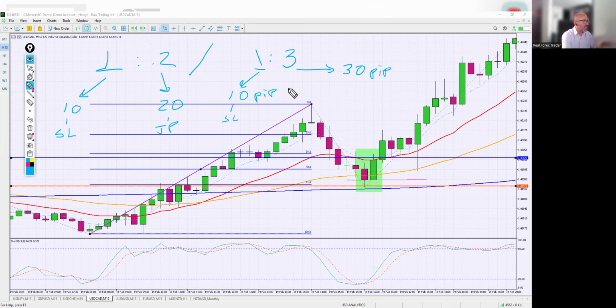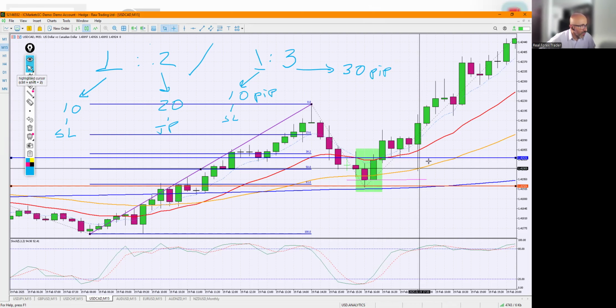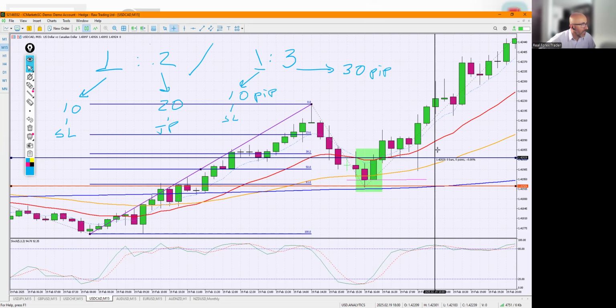All right. So if I'm risking now in this trade, I'm risking 10 pips. So where are my 30 pips or my 20? Okay. It would be around, look at this, slightly above the previous higher high. And that is good because it's not too aggressive.